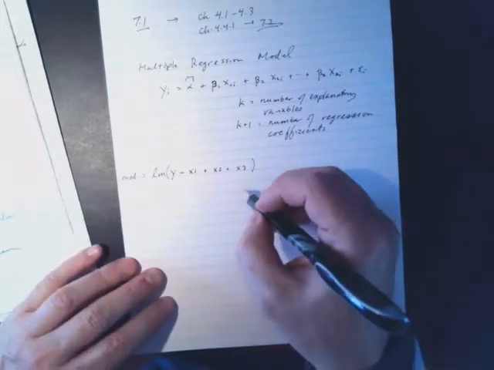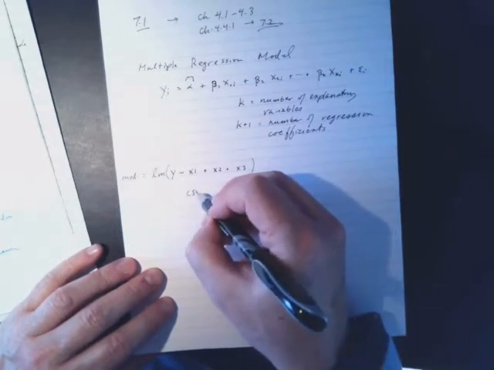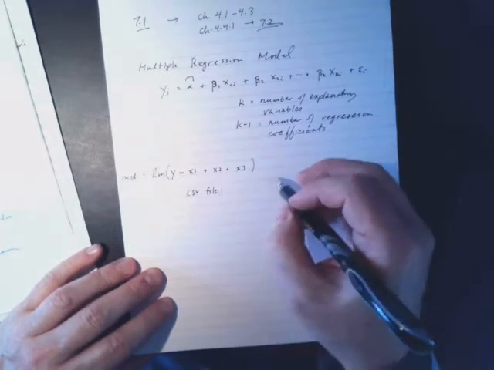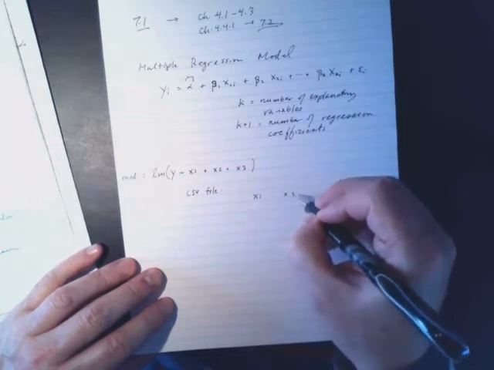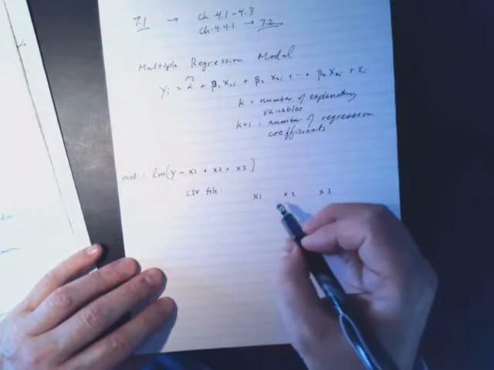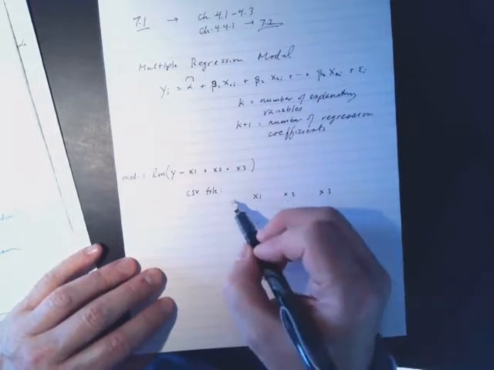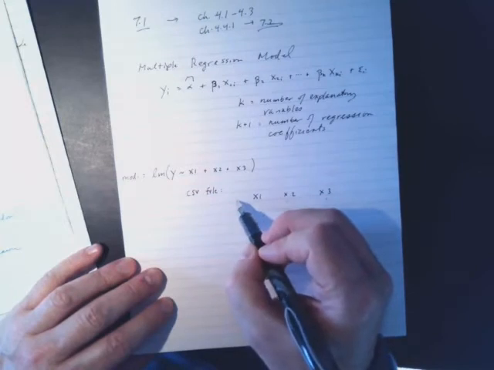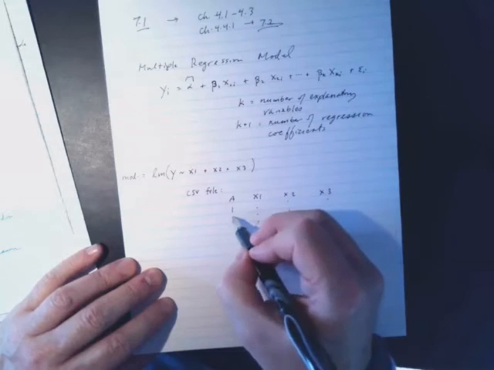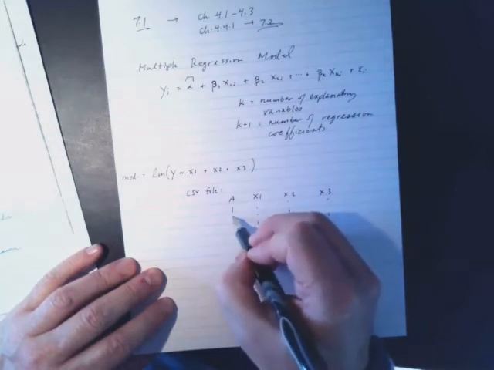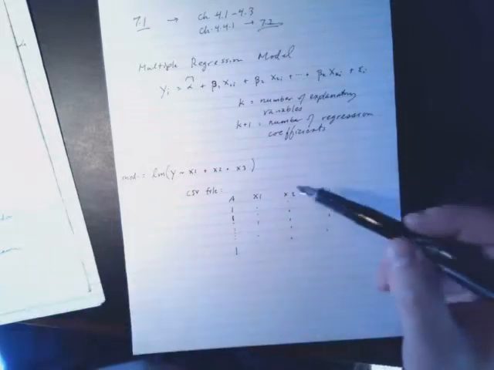So the way to picture it is, if you think about the underlying CSV file, the data file, you know there'll be the columns of data. Now suppose that we had another column over here, and we'll just call it A, and it's a column of ones. So 1, 1, just a column of ones.